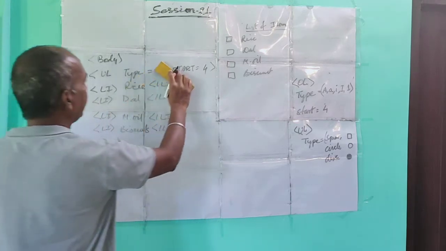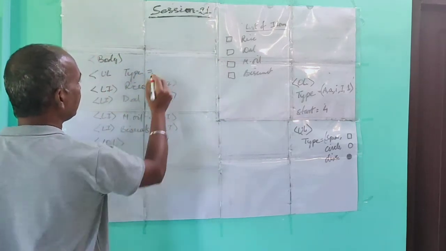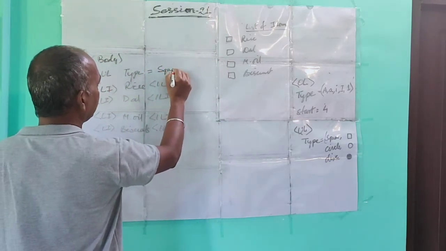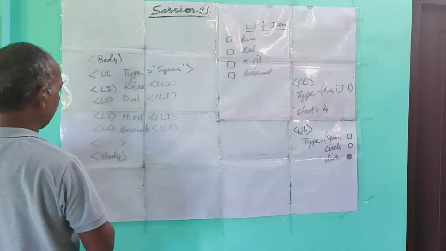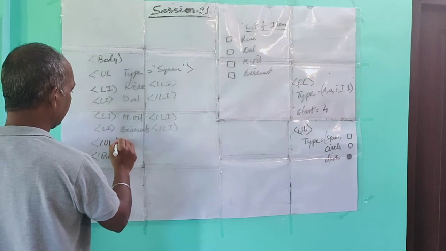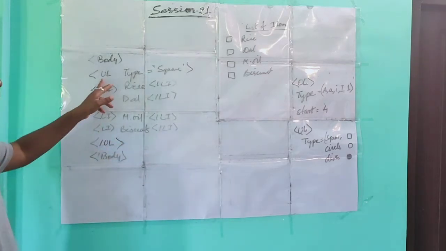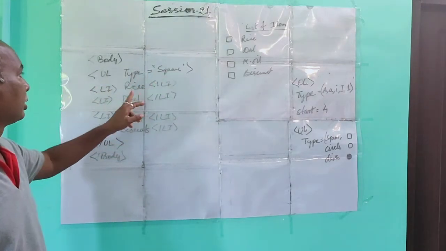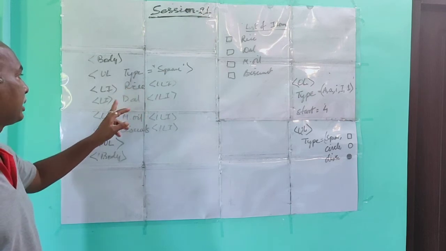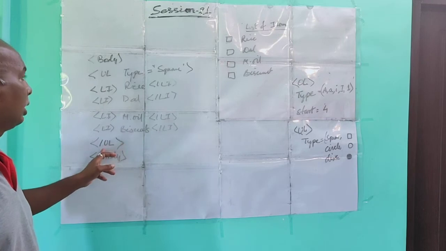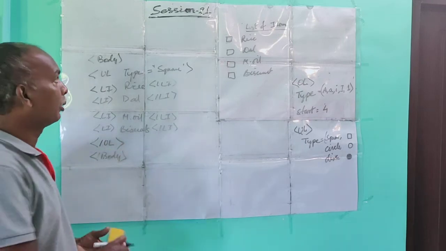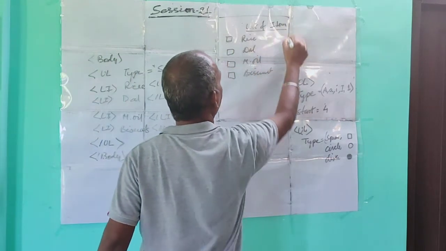UL type is square. See, UL type is square. Items are li rice, li dal, li oil, li biscuits, and UL close. Then the output will appear like this.